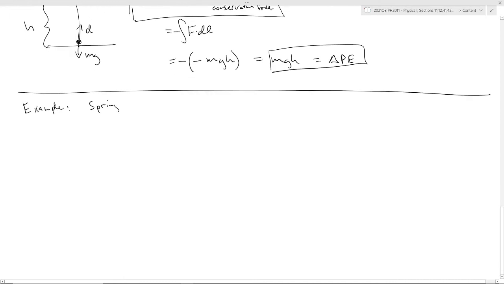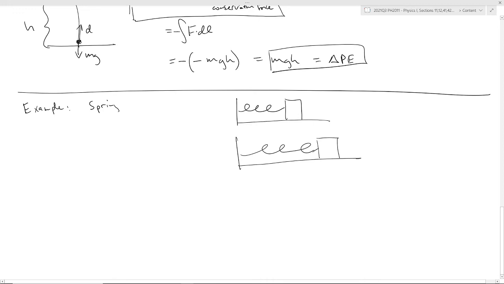What's our cartoon for a spring? We have a block on a spring, and let's say we stretch the spring. We know that if you stretch the spring, it's going to exert a force back, the spring force.